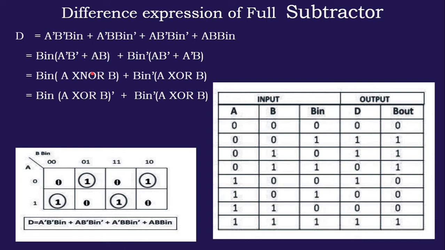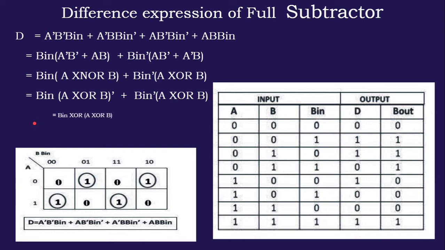Instead of writing XNOR, we are using the XOR term and compensating by writing the bar here, to make the values equal.